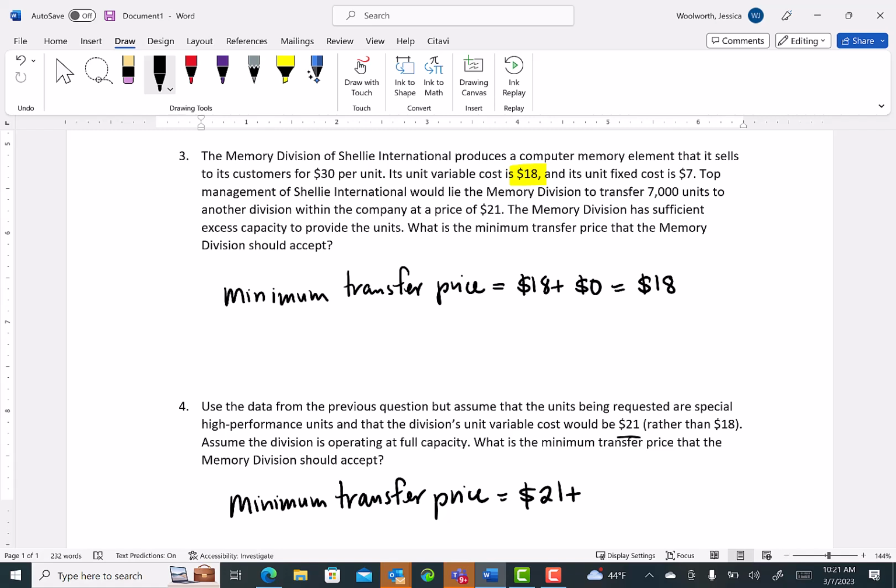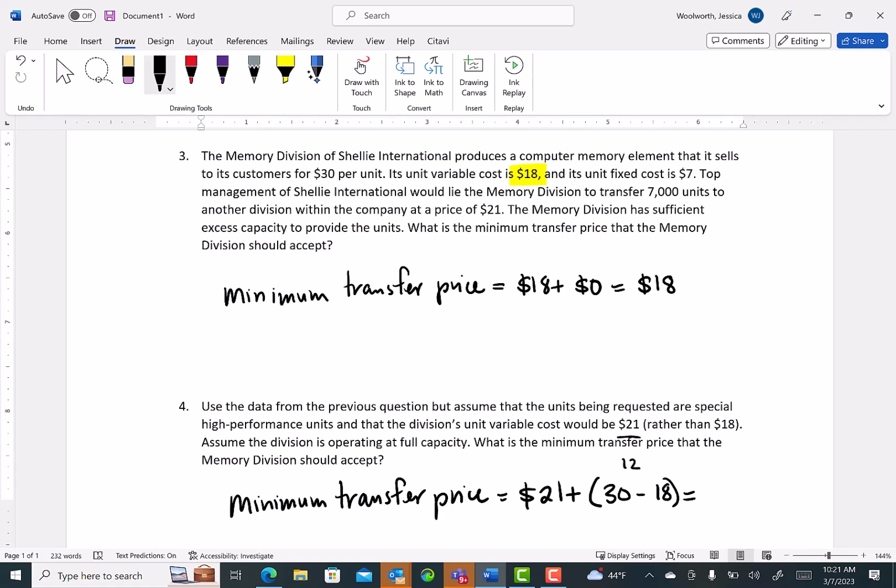So our opportunity cost is going to be the price that we could have sold it for, less the cost it took us to make it, and that's 30 less 18, which gives us 12, which is also the contribution margin for this unit.